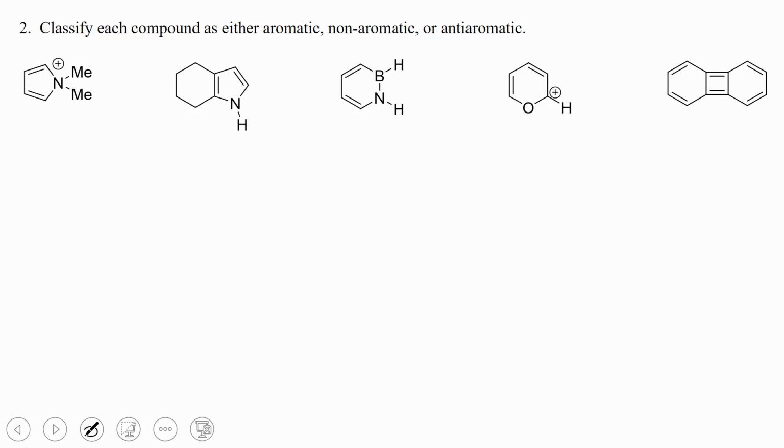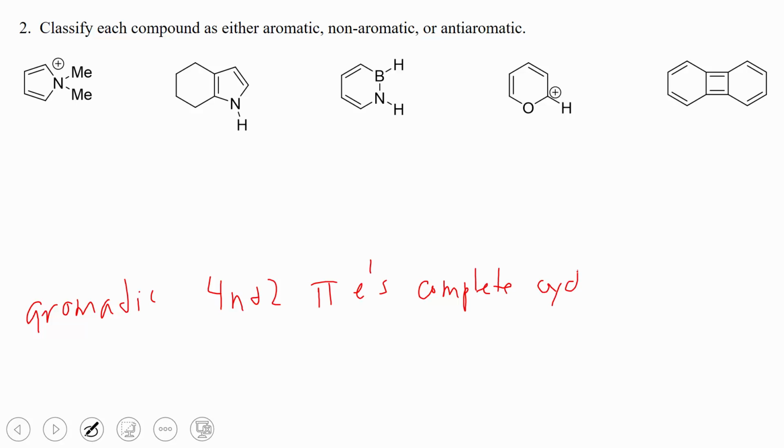aromatic, non-aromatic, or anti-aromatic. Okay, so aromatic, remember, we'll have 4n plus 2 pi electrons in complete cyclic conjugation.